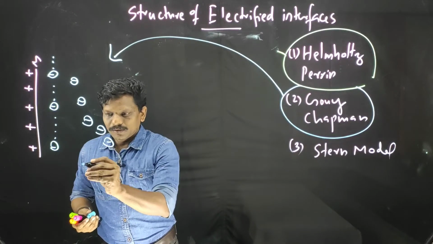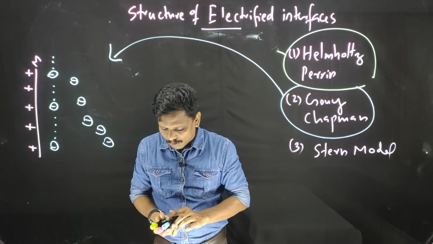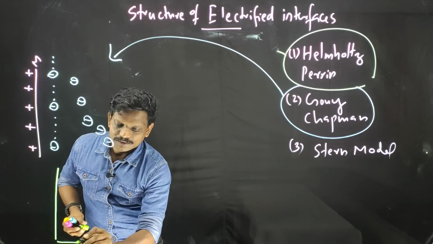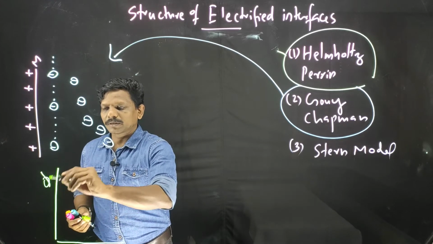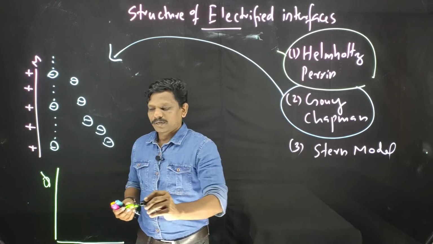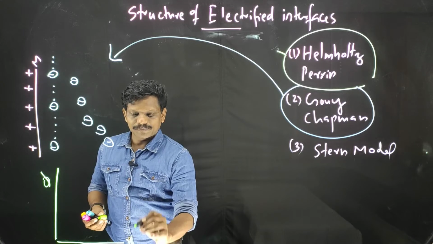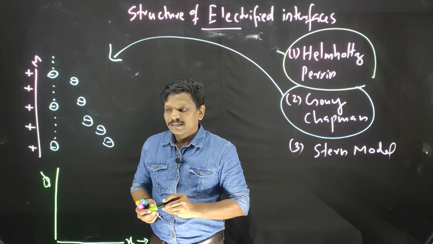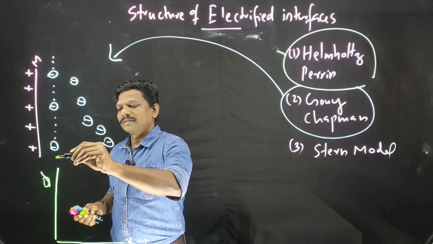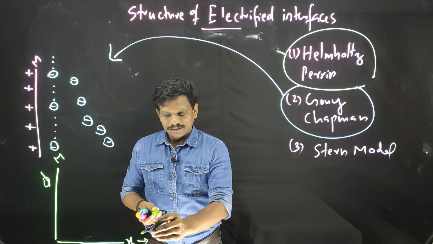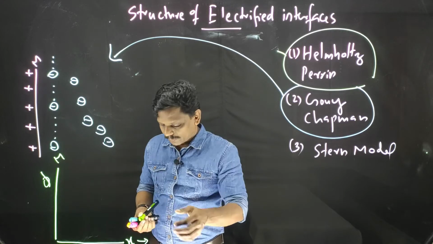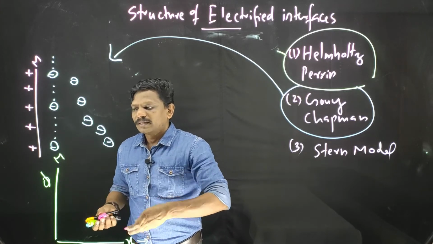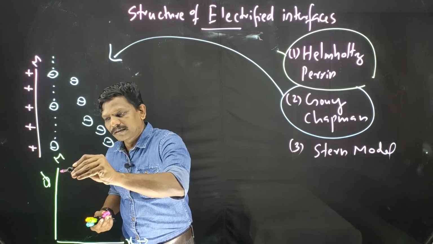We can draw his model in the form of a graph like this. Suppose this is your potential, and this is the x-axis, meaning the distance from the metal. So this is the metal side, and this is the solution side, just like we have explained. Simply, he explained the variation like this.